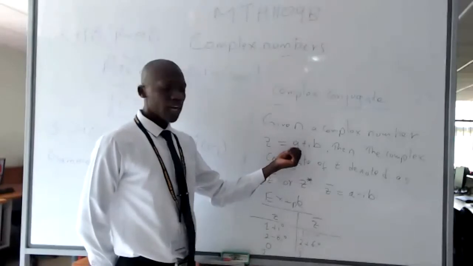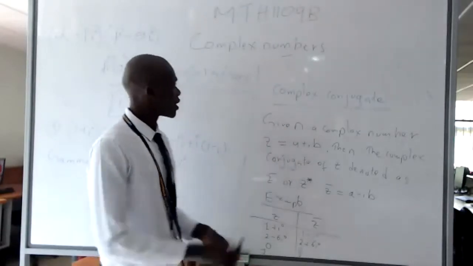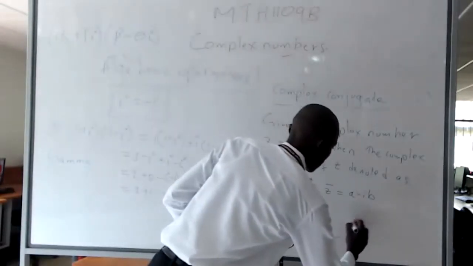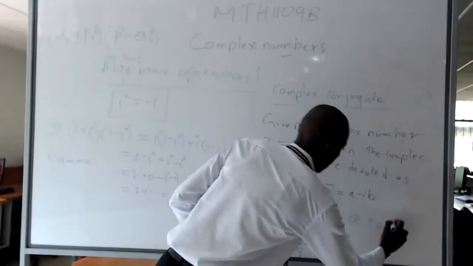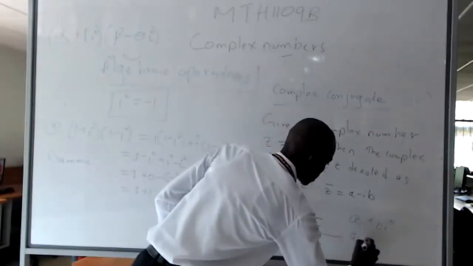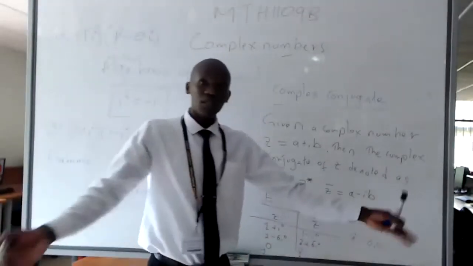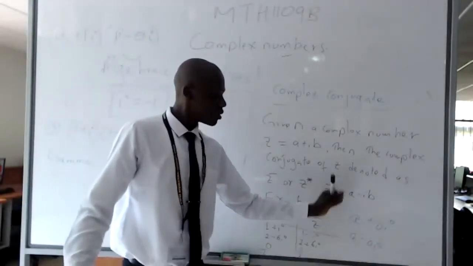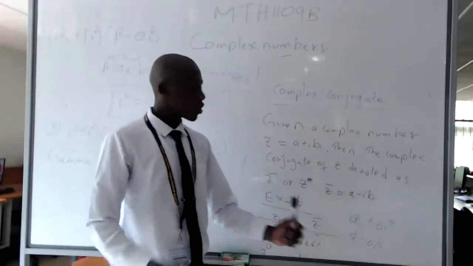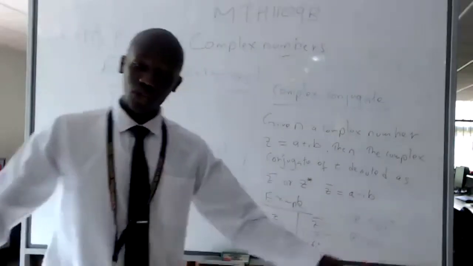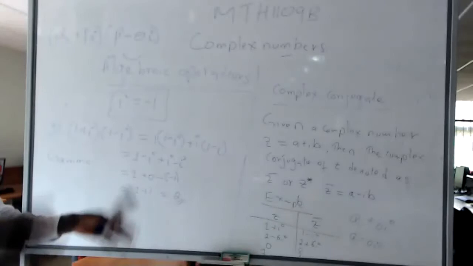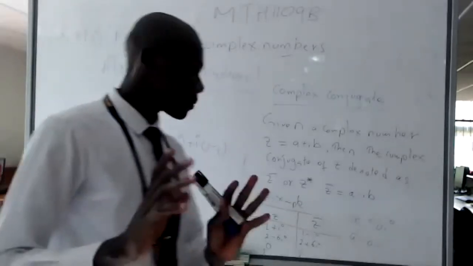Because it's like you're having a plus 0i. So whether you write this as a minus 0i, it is still a, because 0 times anything is just 0. It doesn't change this real part. So in general, you can write this as a note somewhere if you like. The complex conjugate of a real number is the real number itself.